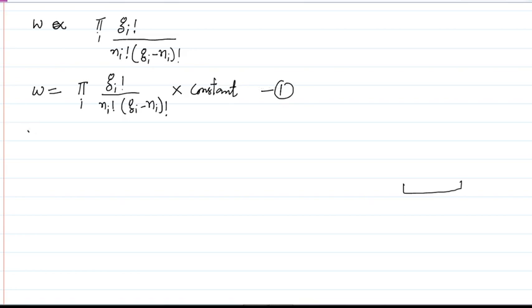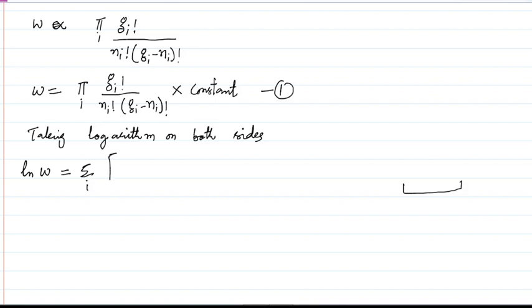Now we take the logarithm on both sides. We get ln of W equal to, when you take the logarithm, this product changes into a summation, and log of m upon n is log m minus log n.